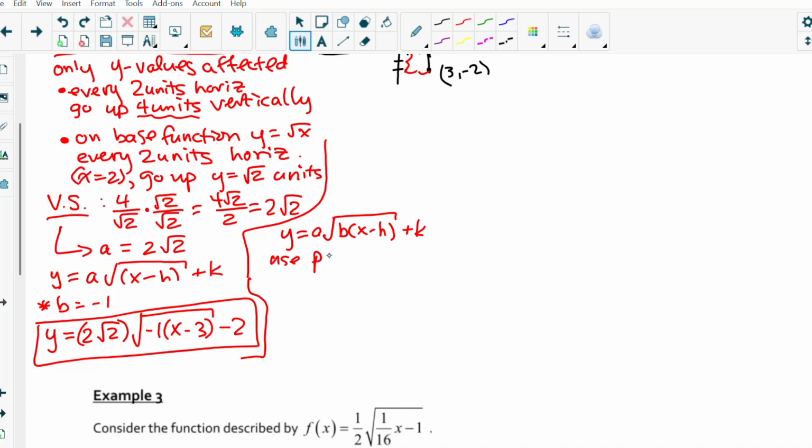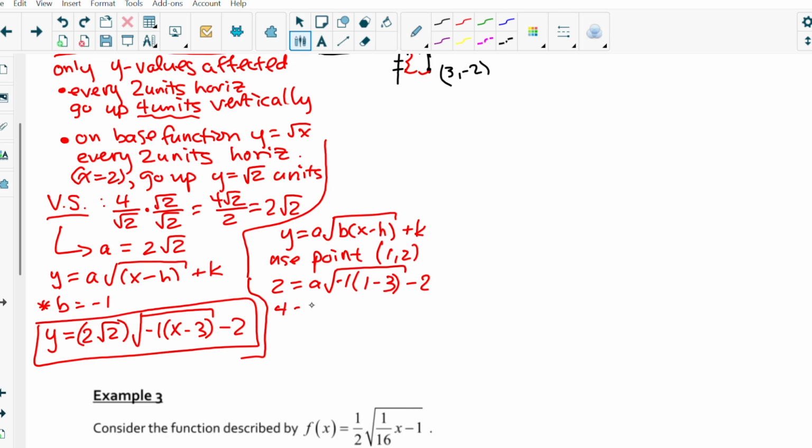Let's use point (1, 2). So let's plug everything in. So 2 equals, I'm solving for the a value. My b value is -1, x is 1, minus h, which is 3, minus 2, which is k.